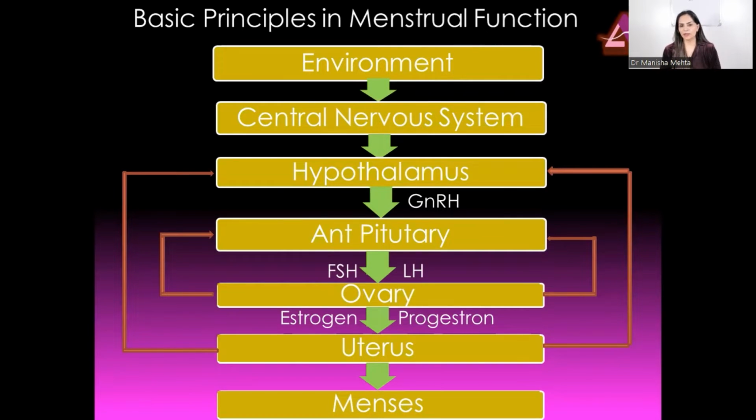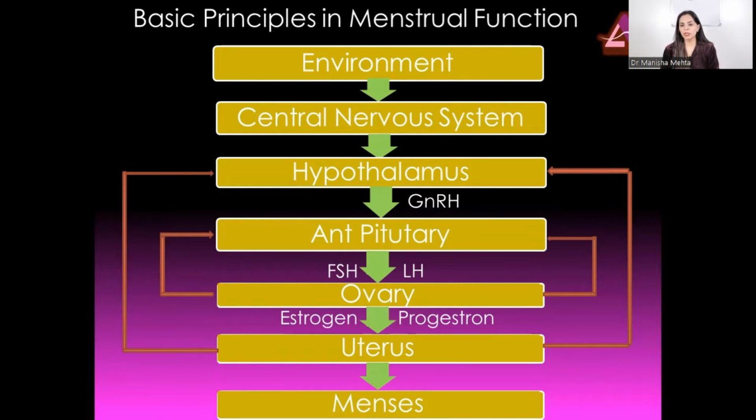So the slide which I'm sharing, I would like to talk just a little bit in detail with this, because that is how I'm going to explain how I manage my patients of primary amenorrhea. So we know it's not just the central nervous system. The environment again has got lots of role. When I'm talking about environment, I'm not just talking about the physical environment.